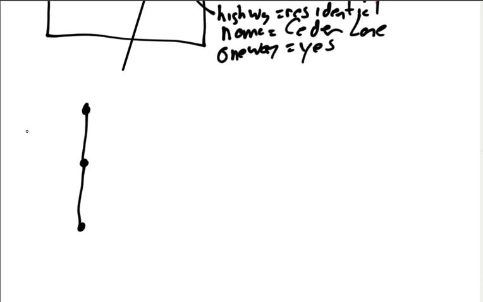The names and all that don't matter. So right now we have these two ways, and they geometrically intersect, right? They intersect at this point, but from the OpenStreetMap point of view, they are not connected. And the way we say that ways are connected in OpenStreetMap is if they share a node.